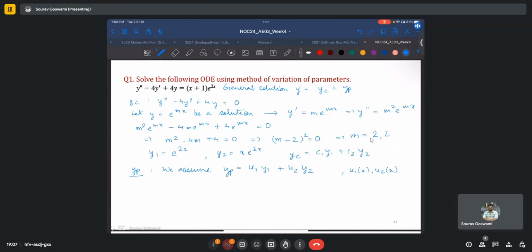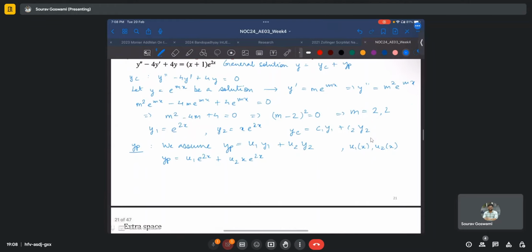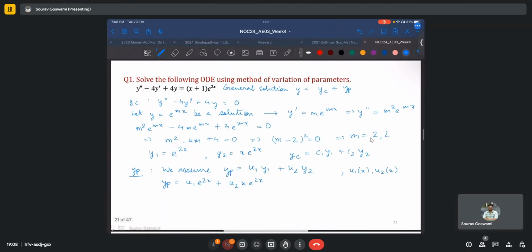In this case, the particular solution will be u1 e power 2x plus u2 x e power 2x. We have a standard formula for computing these.